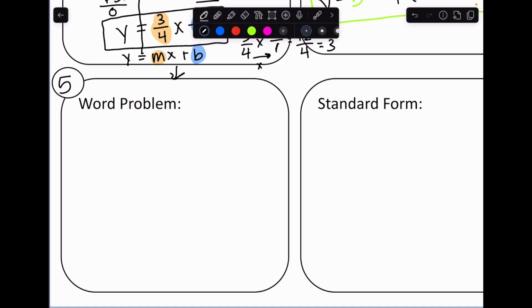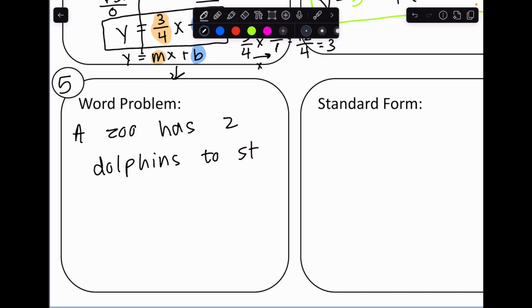And this zoo has 2 dolphins to start. Okay, so again, remember our starting point has to be our b, which we know is positive 2. So that comes from our b.